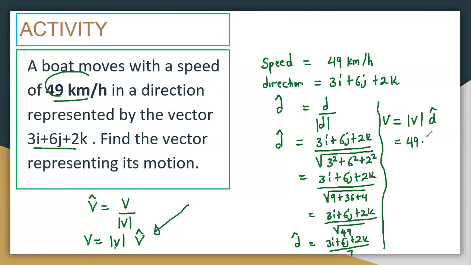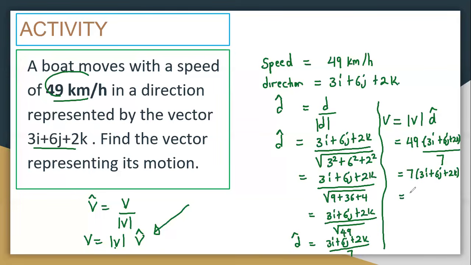I multiply it times our unit direction, which is 3i plus 6j plus 2k, then everything divided by 7. So when you continue, 49 divided by 7 is 7. So I remain with 7 into 3i plus 6j plus 2k.